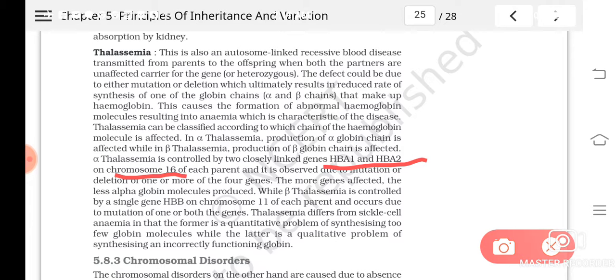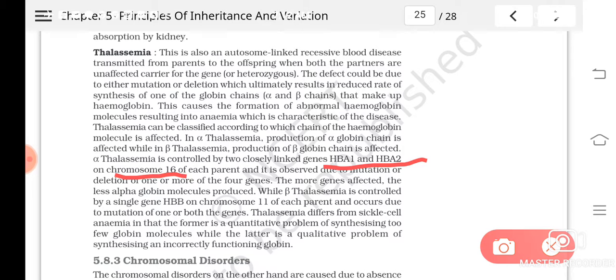Here two genes are controlling one character, and the effect will depend upon how many of the alleles are affected. Understood? Alpha thalassemia is due to the mutation of genes HbA1 and HbA2 which are located on chromosome 16.